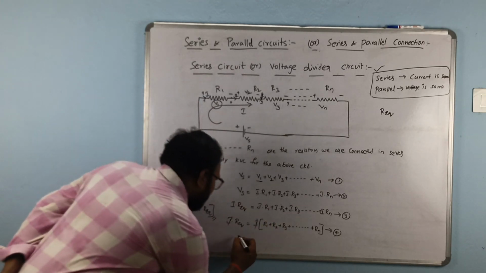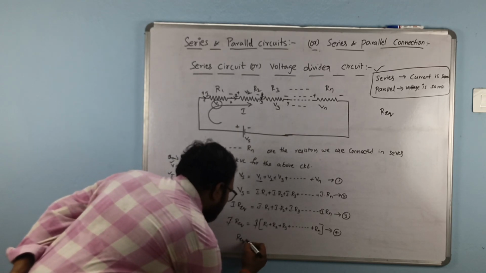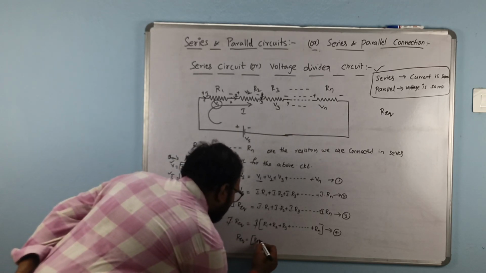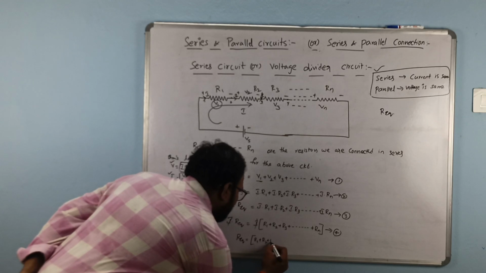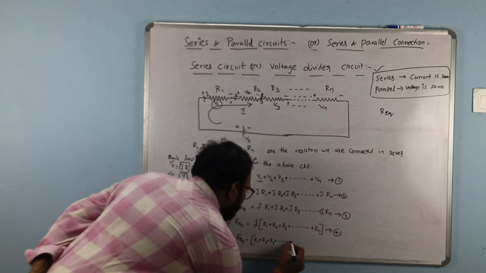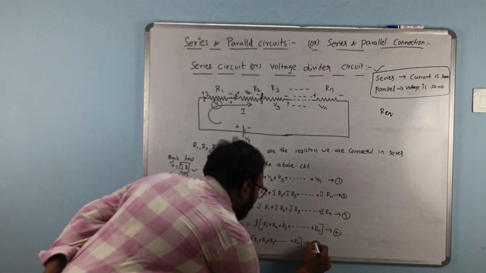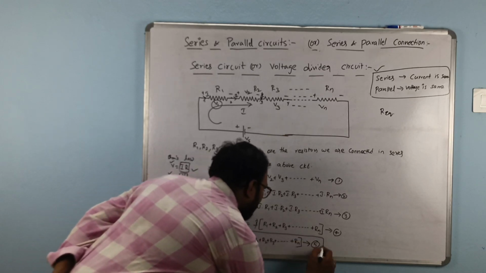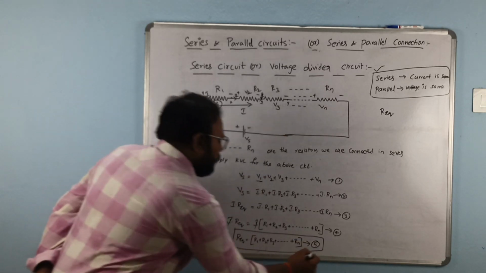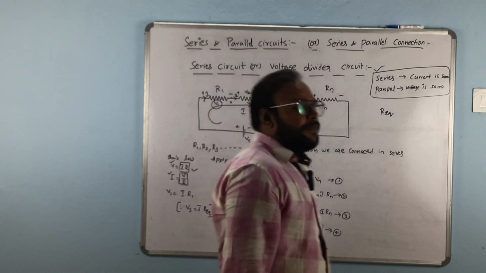Now R equivalent is equal to R1 plus R2 plus R3 plus and so on plus Rn. Equation number 5, and this is the equation for the equivalent resistance when the resistors are connected in series.